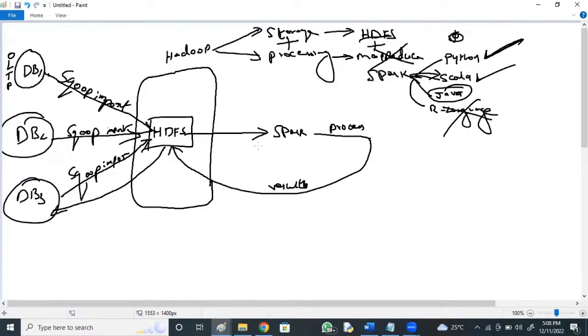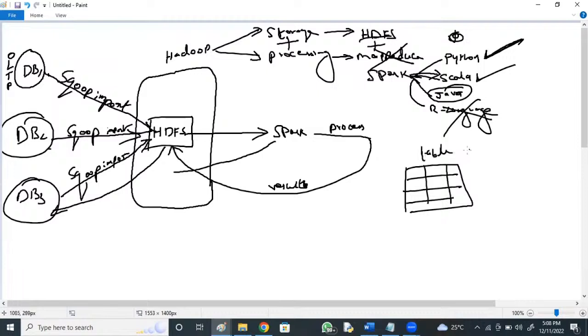Otherwise, as I was saying, Spark can directly read data from the database and write data to the database, without the use of Sqoop also. Without Sqoop, Spark can directly read that entire table. This is your database table.